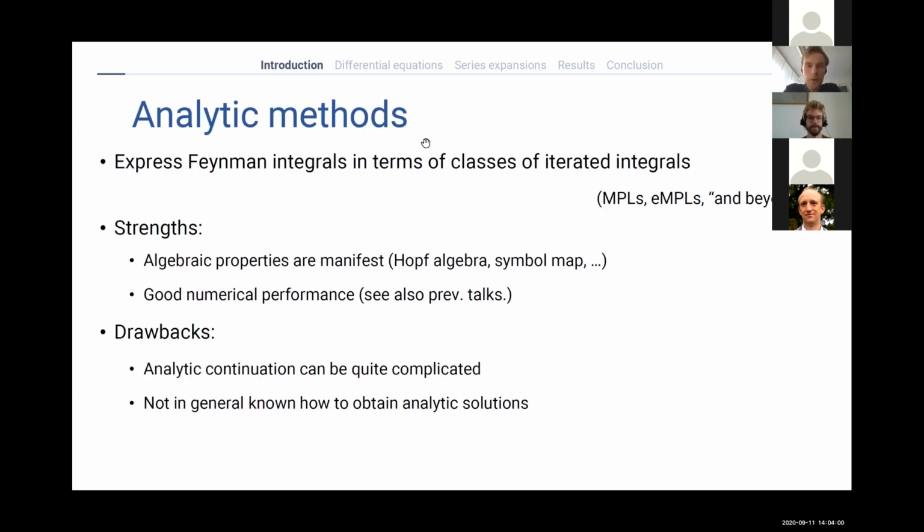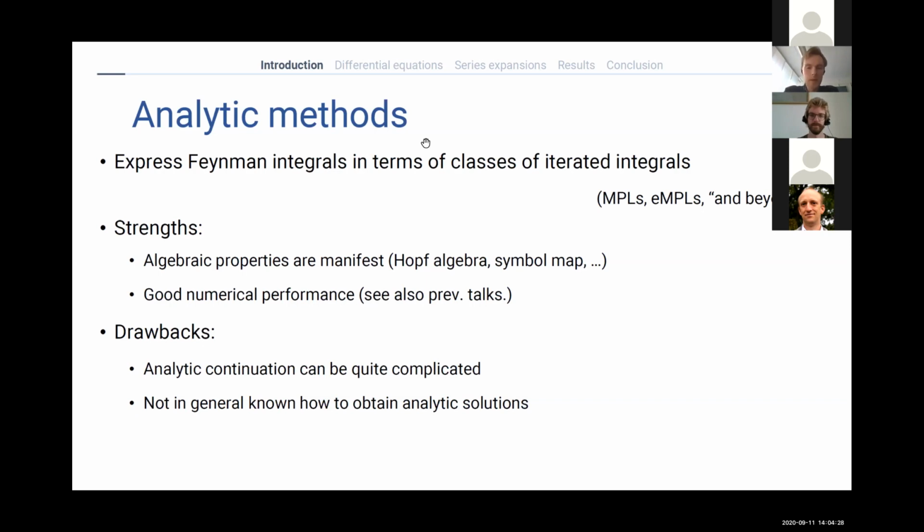So let us first have a look at the different ways of computing things. One way of doing it is to use analytic methods. And I think analytic methods are very popular among the people at this conference. It basically involves expressing Feynman integrals in terms of classes of iterated integrals, such as MPLs and eMPLs.